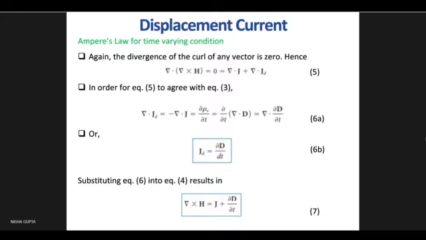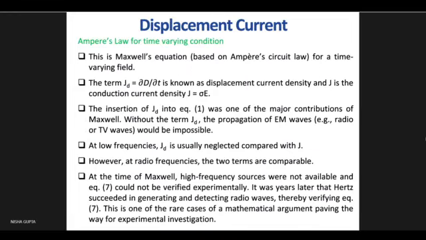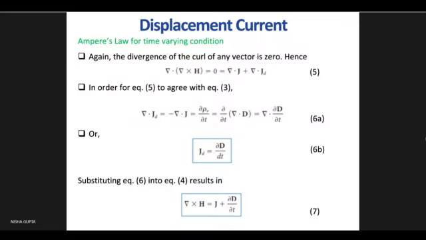Now if we substitute equation number 6 into equation number 4, we get del cross H equal to J plus J_D, where J_D is del D by del t. Here J is the conduction current density, and J_D is the displacement current density.